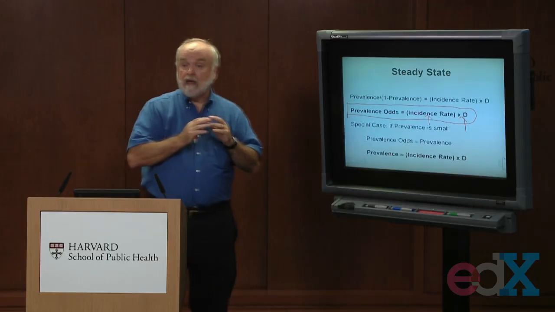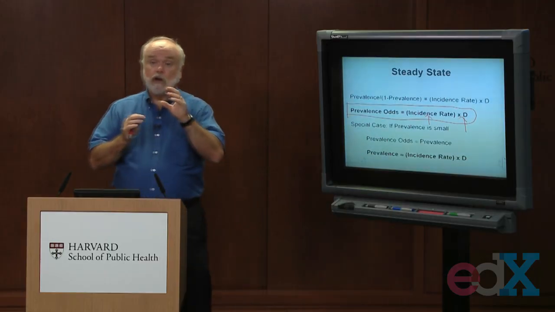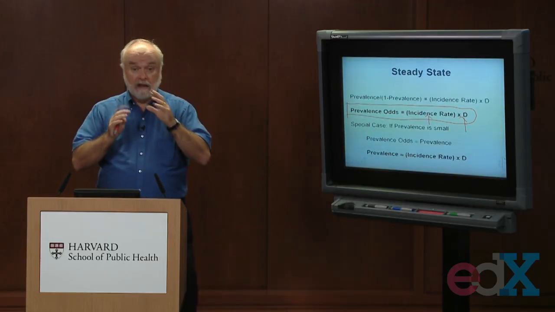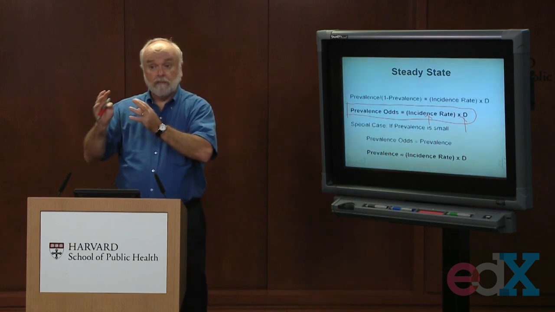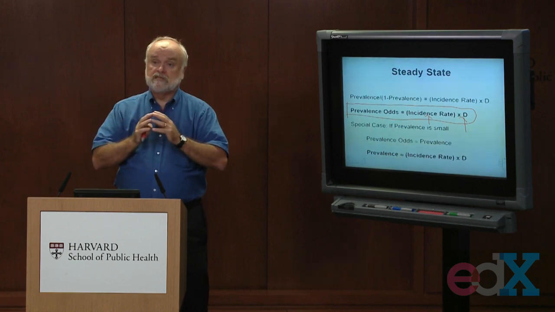One last comment to make. Remember we talked about odds before. And I said for a small proportion, the value for the odds corresponding to that proportion is almost the same number. If the prevalence of disease is 1%, the odds of disease is 1% divided by 99%, which to 2 decimal places is still 1%.